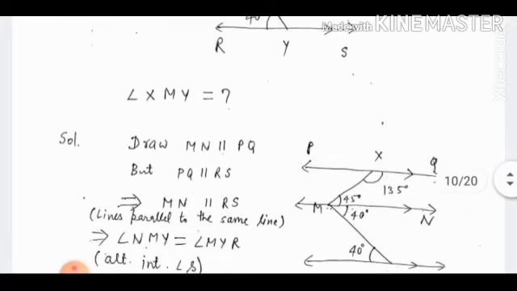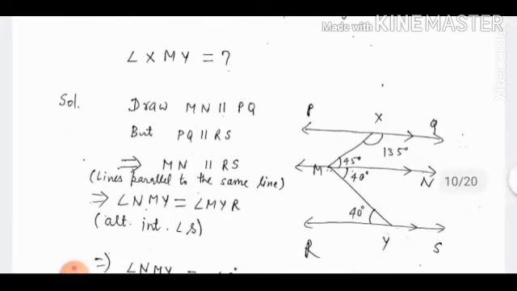Draw MN parallel to PQ, but PQ is parallel to RS. This implies that MN is parallel to RS because both MN and RS are parallel to the same line PQ.